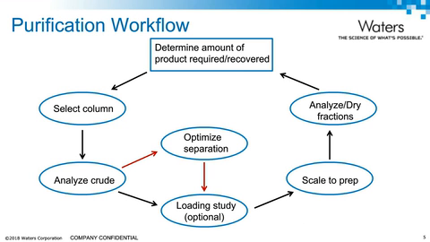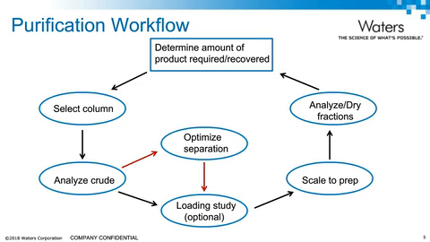The purification workflow is pretty straightforward. The first thing we need to do is to determine the amount of material that we need for the next step in our set of experimental studies. To do that, we need to be able to select a column that is of the appropriate size to isolate that amount of material.